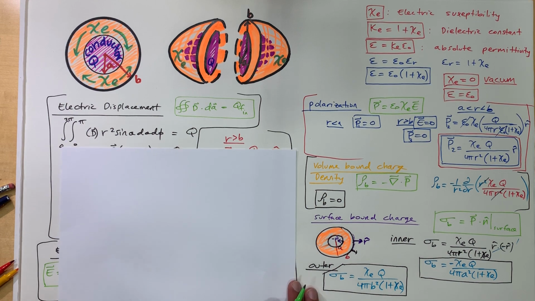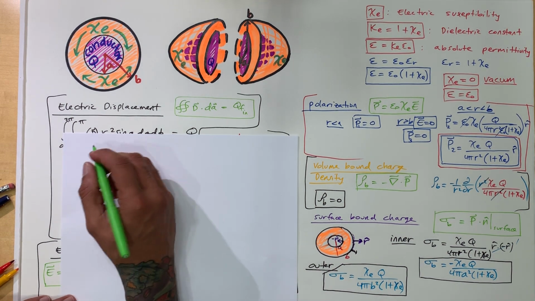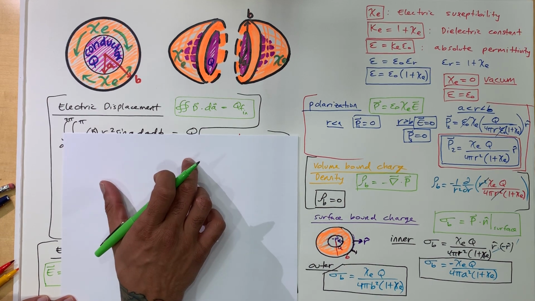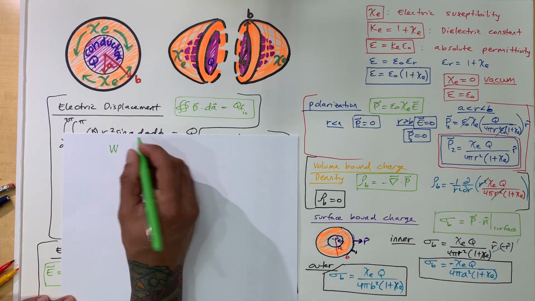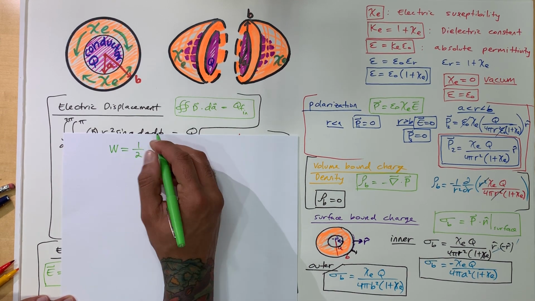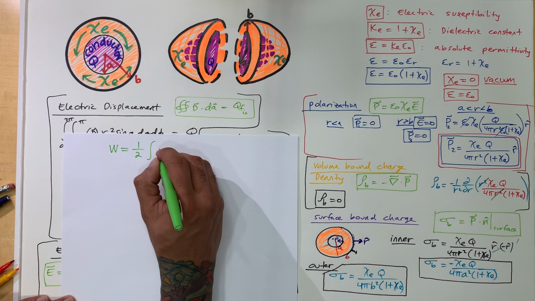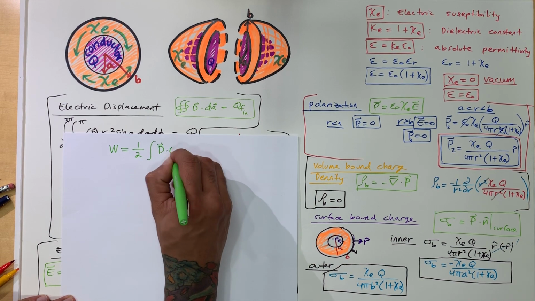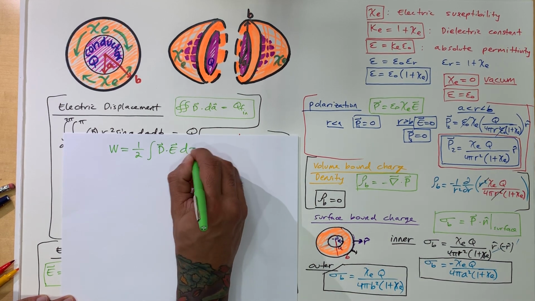Make sure I can see. Okay, so the energy stored for the dielectric filled capacitor, we have W equal to 1/2 integral of D dotted with E d tau.